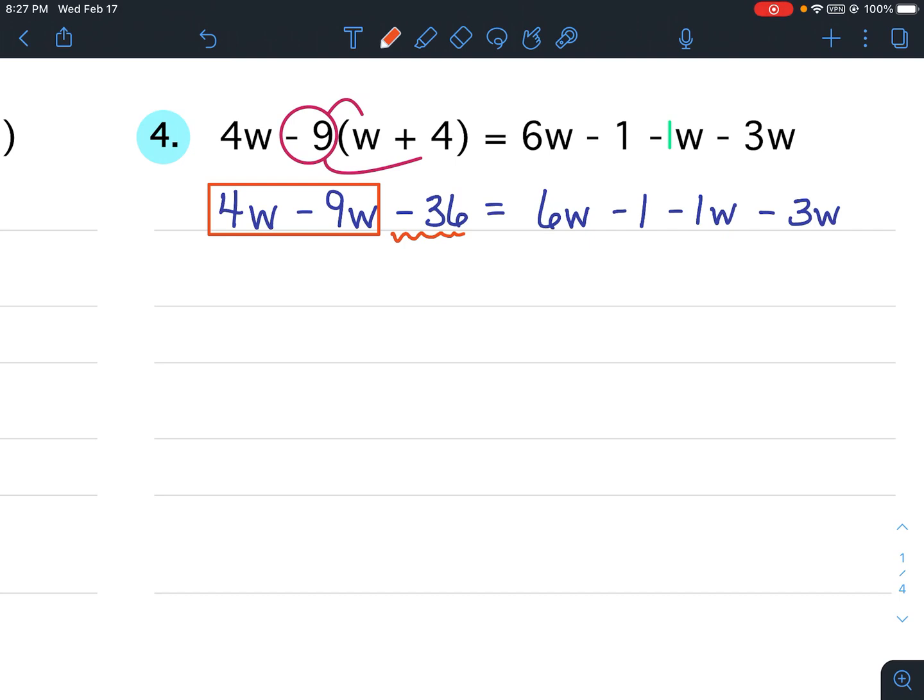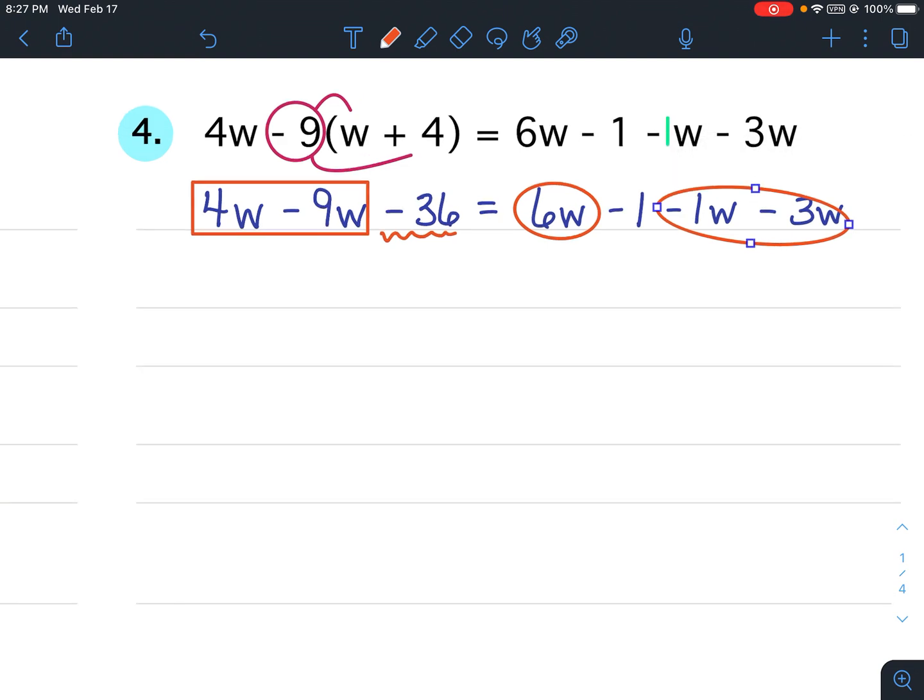On the right side of the equation, I've got 6w, -1w, and -3w. And then this 1 is the only constant, so I don't need to worry about that. I'll just be bringing that down.